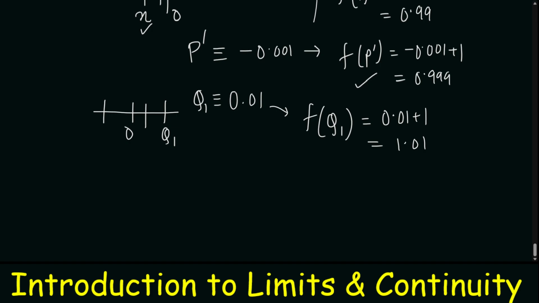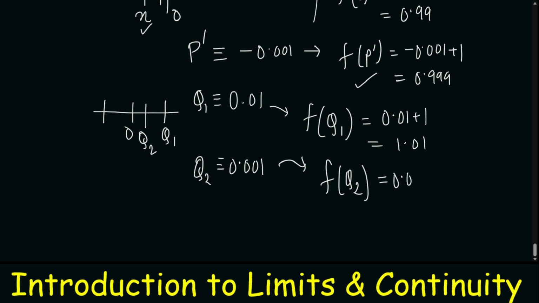If we take it a little bit closer to 0, let's say at the point q2, the value is 0.001, and the value of the function at this point q2 would be 0.001 plus 1, which is 1.001. And as you can see, this also approaches 1.